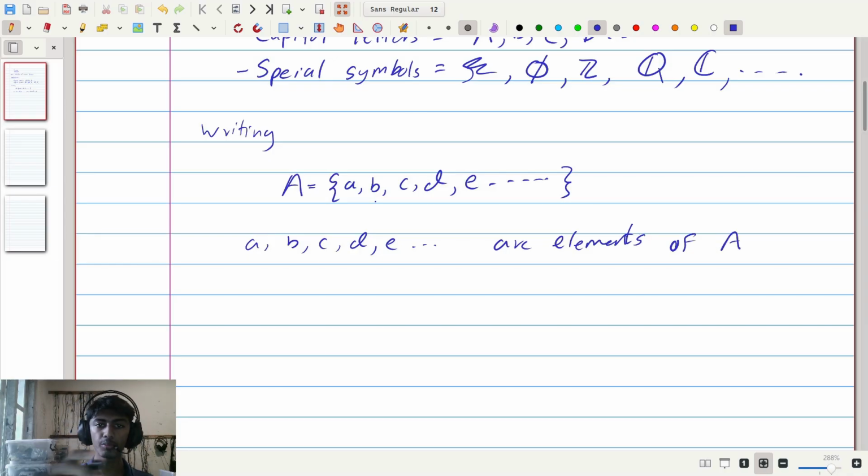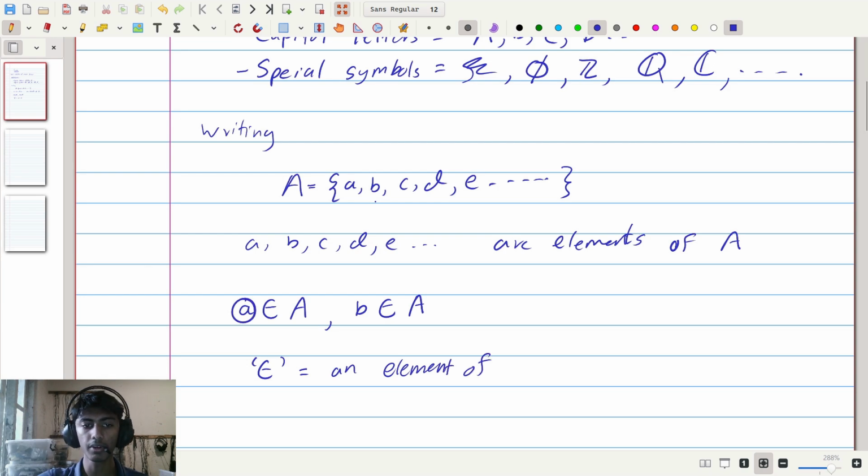These small little things are elements of the set A. We write this in a special format as well. We say that a is an element of the capital letter A, or the set A. Similarly, b is an element of the set A, like this. So what this symbol means is essentially you read it as: is an element of.